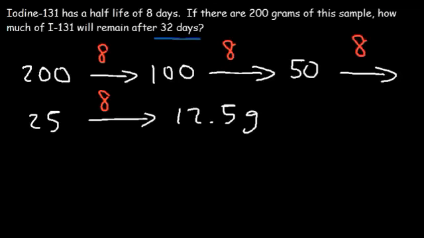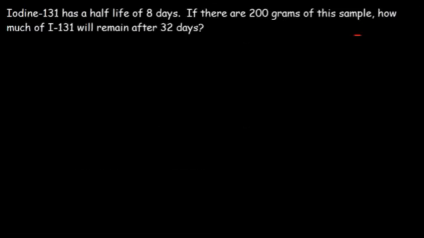Now, is there a way that we can get the same answer using an equation? Because sometimes the numbers won't be as nice as what we just had here. Now, the first thing you want to do if you're going to use an equation is find the rate constant k. The rate constant k is equal to the natural log of 2 divided by the half-life.